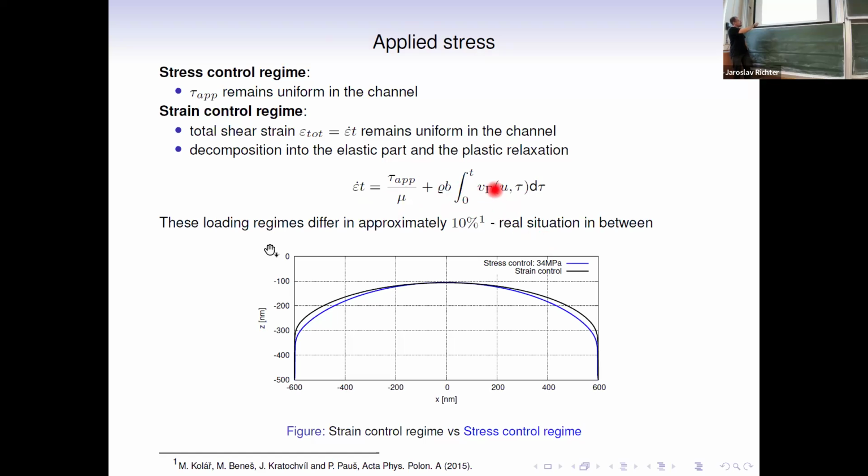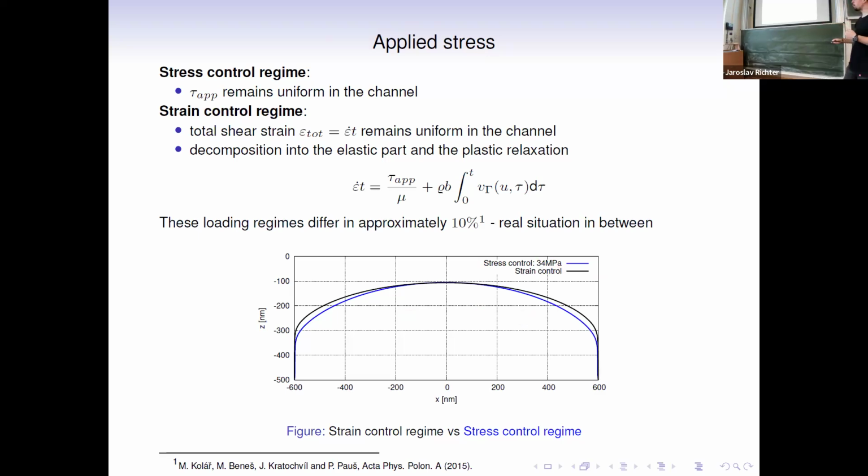This integral is responsible for the area slipped by the dislocations. In this computational picture, you can see the differences between the stress control regime, the blue one in a certain configuration with some amount of megapascals, and the black line, which is the strain control.